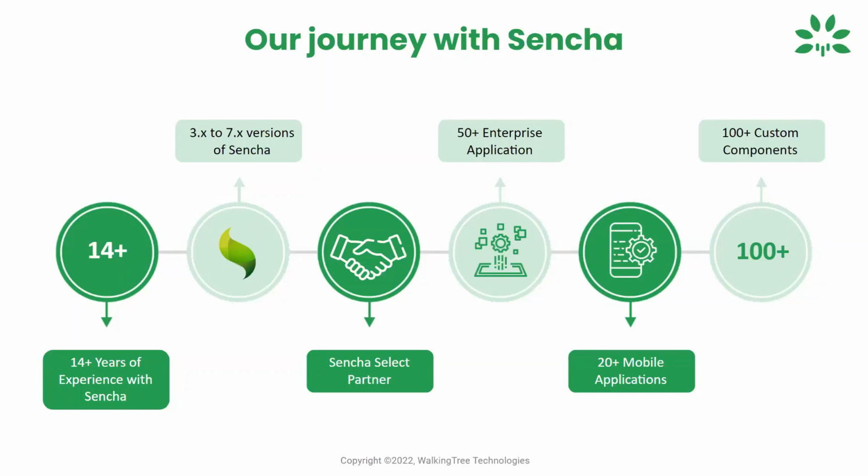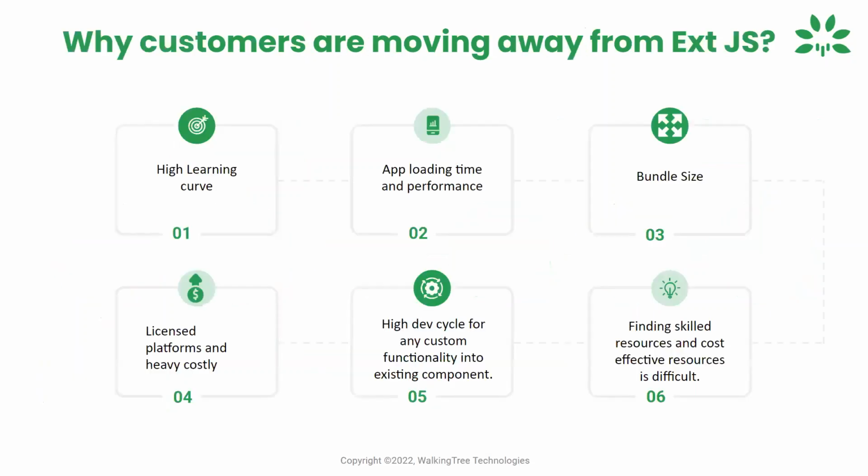Now, if we move on to the next slide, why customers are moving away from ExtJS, we could find the top 6 reasons why anybody would try to move away from Sencha. One is a high learning curve.